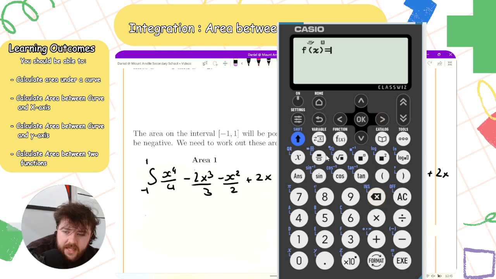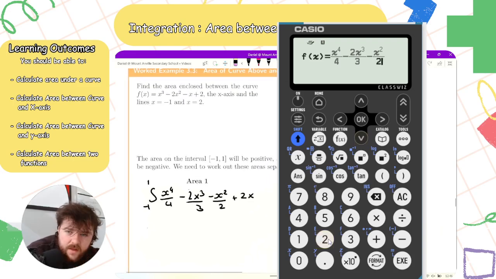So it is x to the power of 4 all over 4, minus 2x to the power of 3 all over 3, minus x squared all over 2, and then plus 2x.